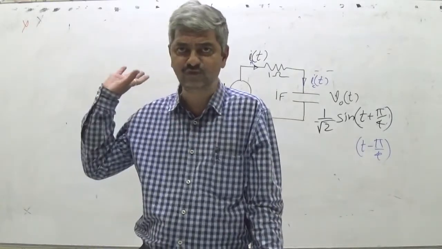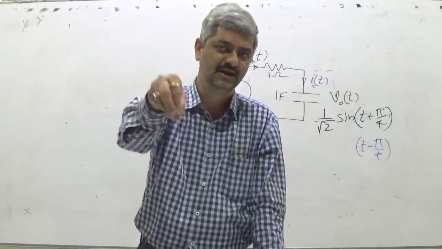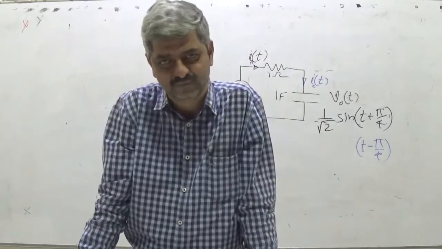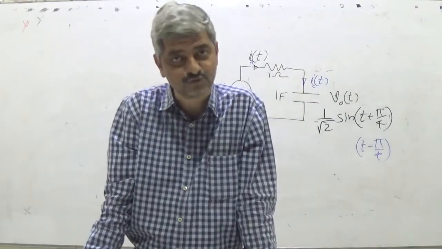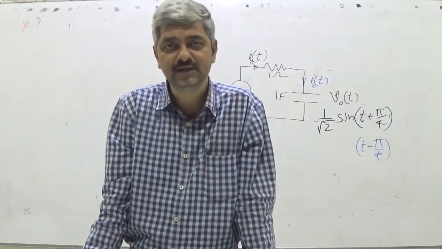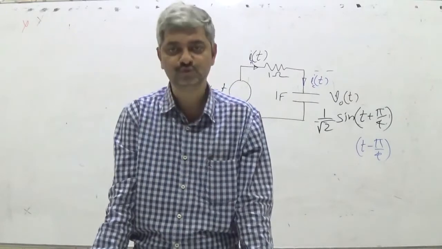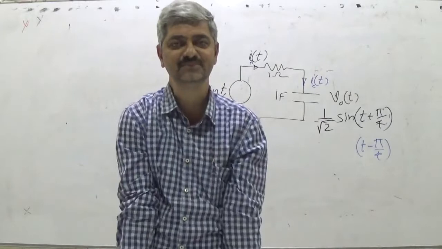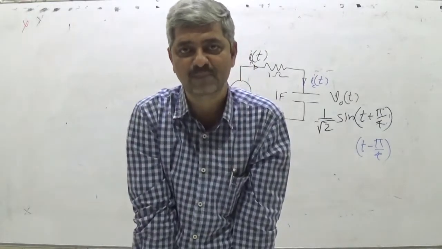Here, at no point of time has a differential equation come, once I replace the capacitor current by C dVc by dt. So I get a trigonometric equation, and the trigonometric equation I get is somewhat complex to solve independently. Therefore, we must now find ways and means to work with the help of the square root of -1.